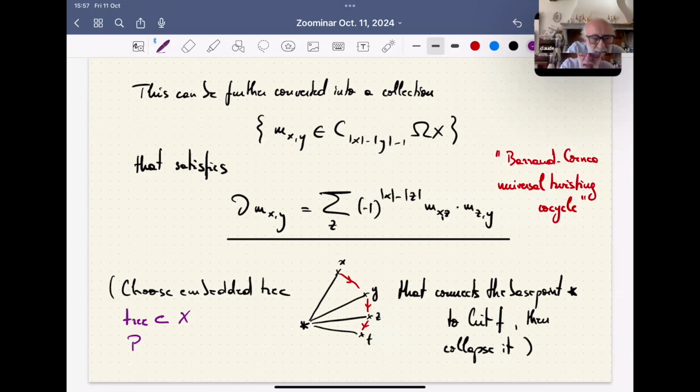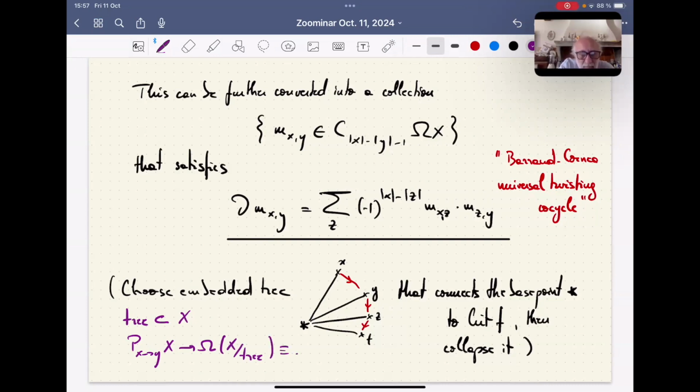I wasn't connecting that from the paths, I can go to based loops on X mod the tree, and this is the same as based loops on X. Okay, no, I understand. Thanks, sorry.